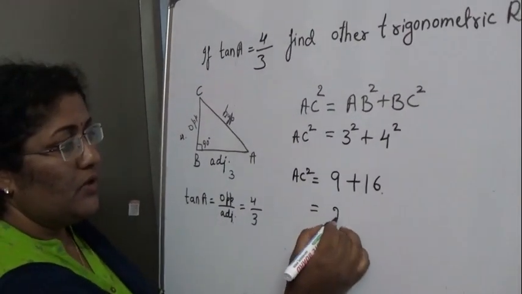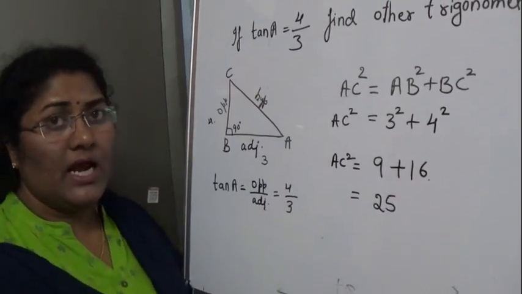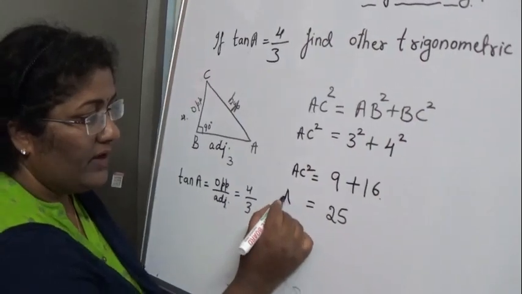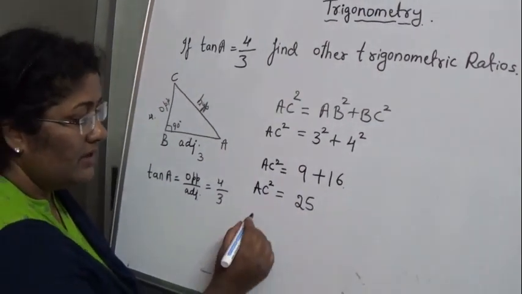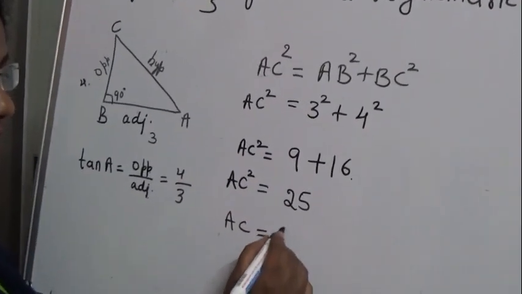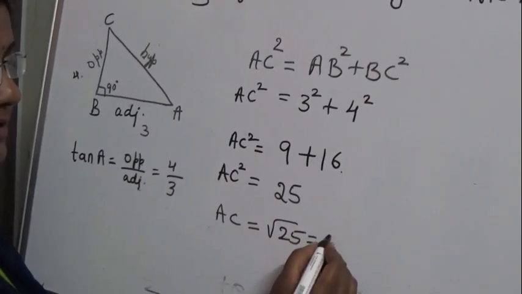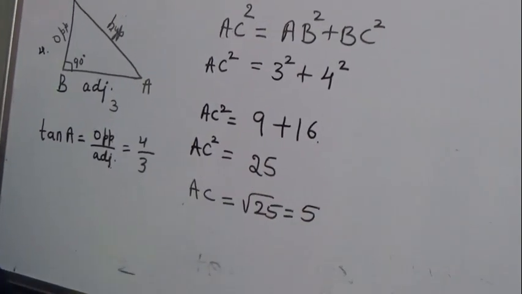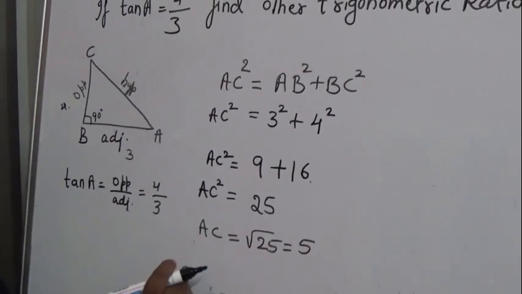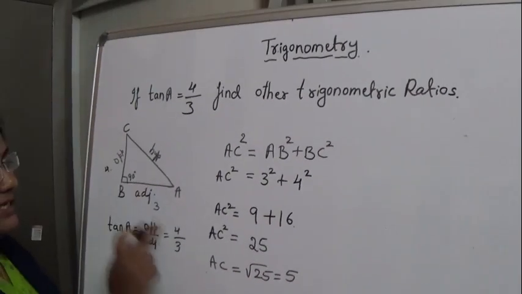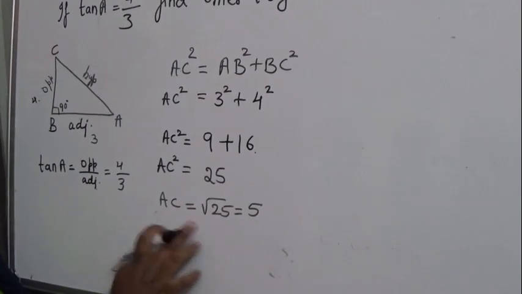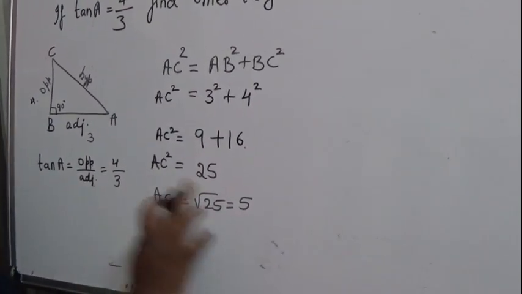Add this, you will get 25, and 25 is a perfect square number. If the value of AC square is 25, then AC is the square root of 25, and you all know that the square root of 25 is 5. Then here we found that AC is 5 units. We needed the hypotenuse value and we got that the hypotenuse is 5.